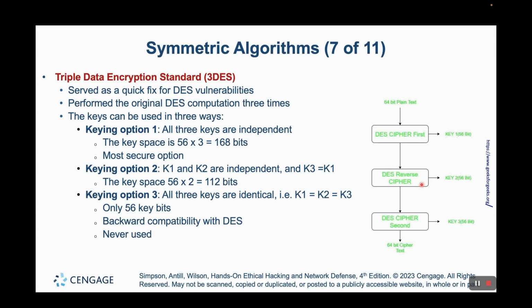Now, this transformation provides another layer of cryptographic processing. After this, the data undergoes a third transformation, you can see it right here with K3, before the final ciphertext comes out.